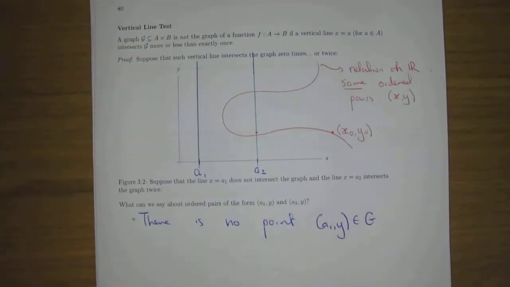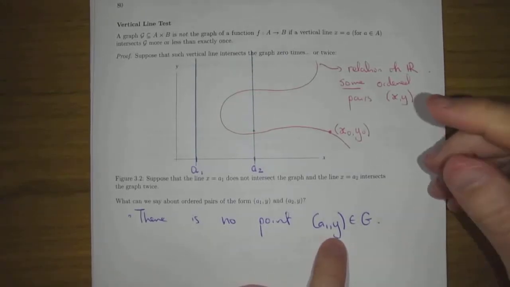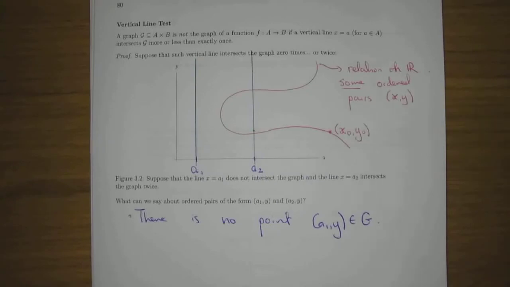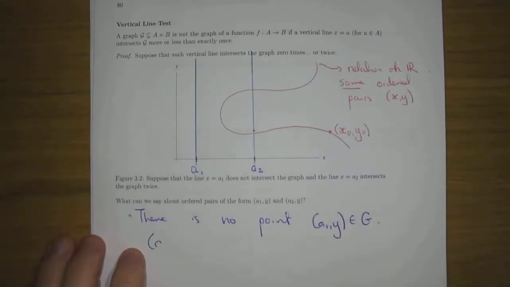And remember, the coordinate graph of a relation is just all the ordered pairs. So that means that, say if f is just a relation, there's no point like this. This basically means that there's no output for a1.